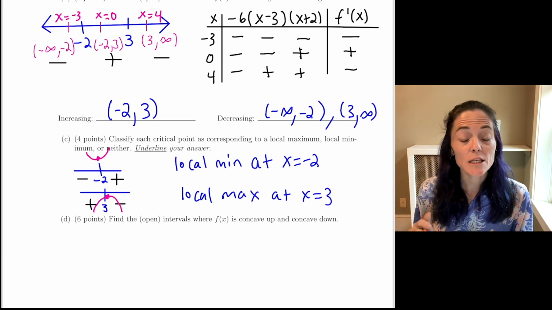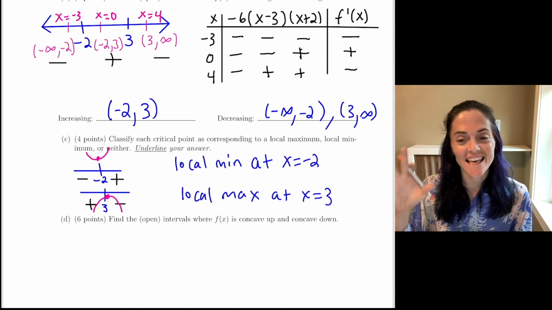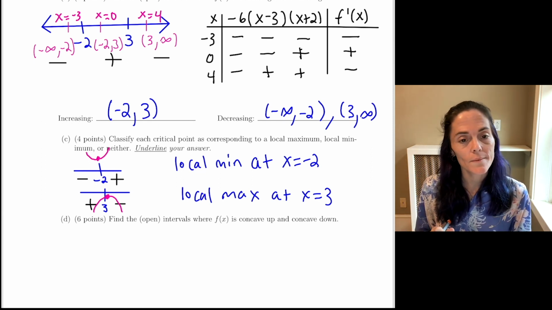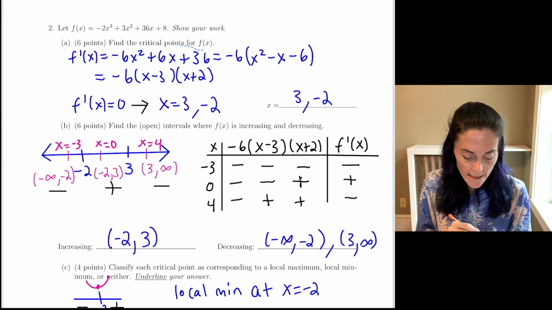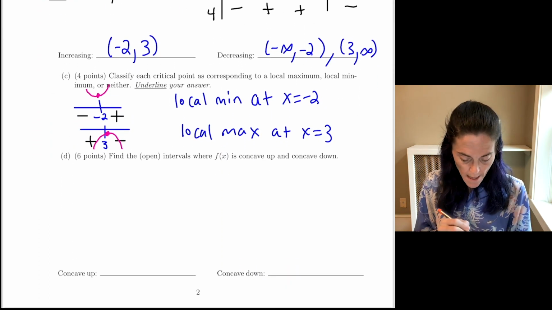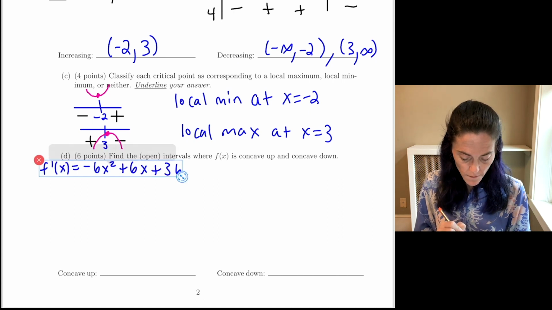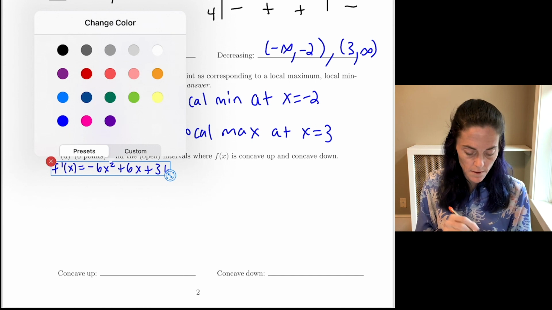Now, the next part is about concavity. Concavity has to do with the second derivative. So I need the first derivative. Let's just copy and paste it because it's part of calculating the second derivative. Okay, here's the first derivative. I will make it a different color.